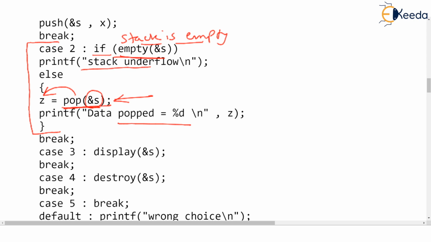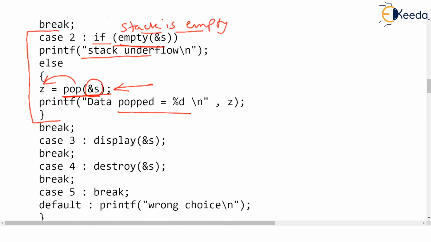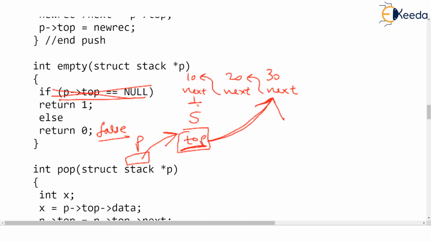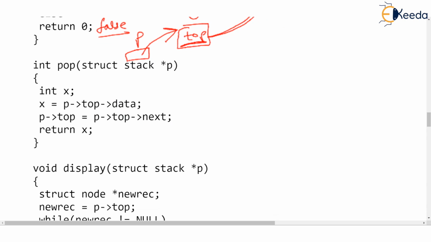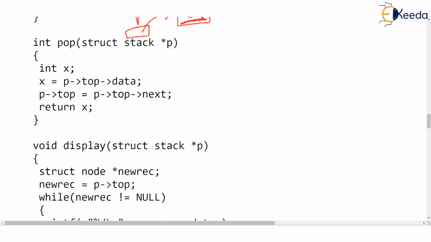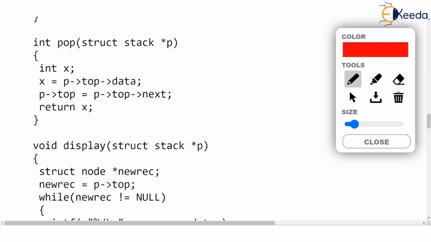Remember, pop takes the argument as the address of s, and s has been written in the bracket. So let's scroll down and see the pop function. To understand the pop function, first of all, let's imagine a stack like this, which is not empty, of course.